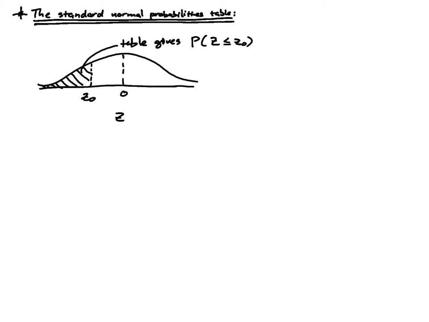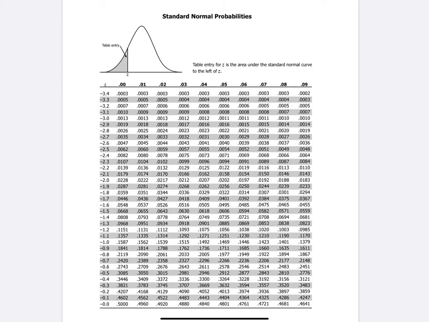So let's look at the table and see how we actually use it. And let's look at a particular example. So let's say we want to find the probability that z is less than or equal to negative 1.68.